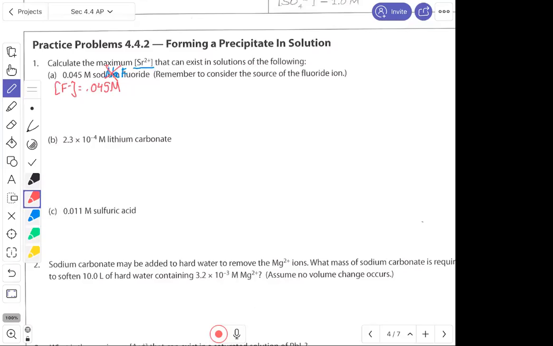My second step was to figure out what my solid is. So what would be the formula for my solid here? SrF2, because you've got that 2 plus there and the minus there.